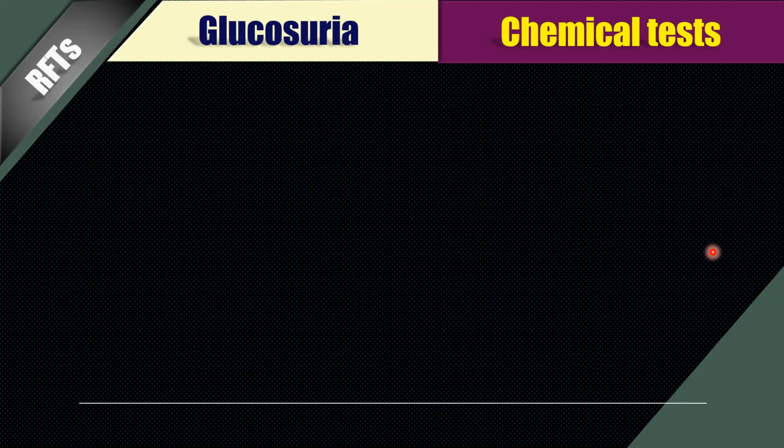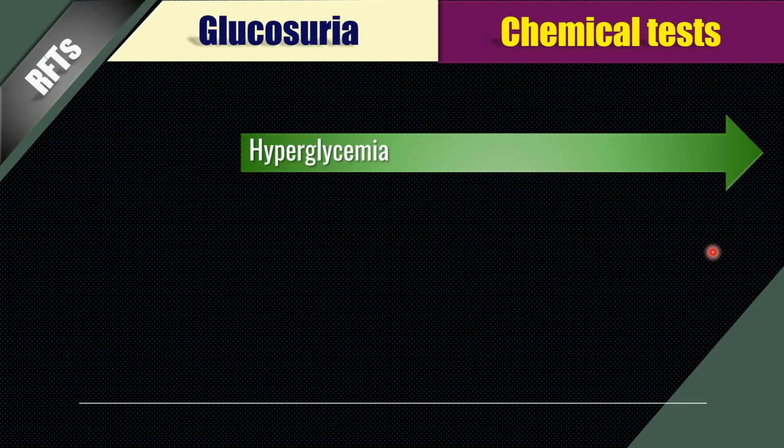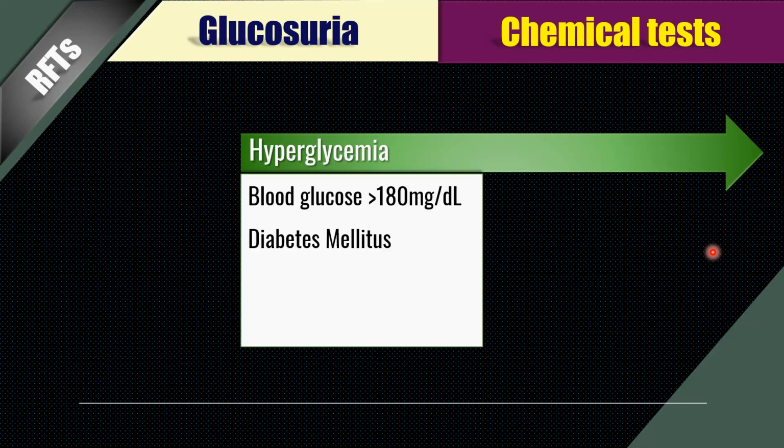If glucose is present, we say glucosuria. When there is glucosuria, or glucose in the urine, we can suspect hyperglycemia. You must remember glucose starts appearing in the urine when blood glucose level is more than 180 mg per deciliter. This is what is known as the renal threshold.